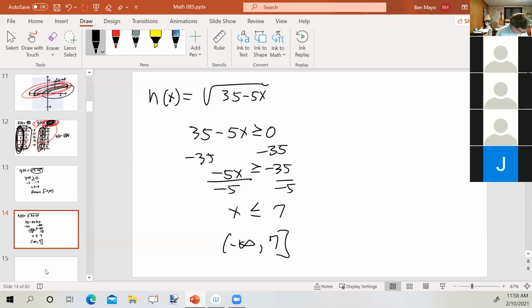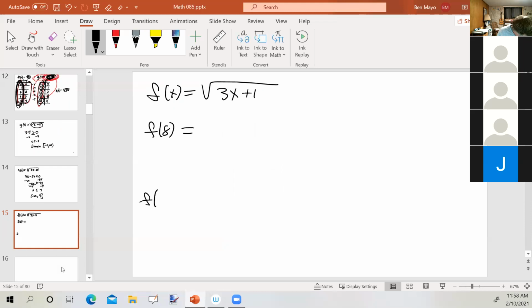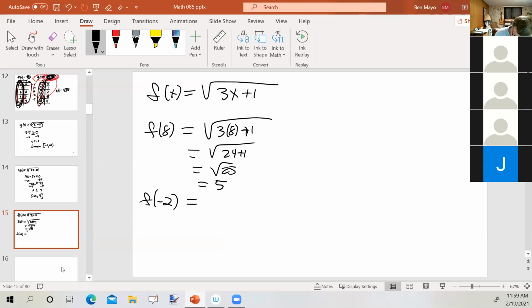This says find each function value if possible. Do not use a calculator. Okay. So we've got f of x equals the square root of the quantity 3x plus 1. And we're going to find f of 8 and then f of -2. So f of 8 would be the square root of 3 times 8 plus 1, which is the square root of 24 plus 1, which is the square root of 25, which is 5.